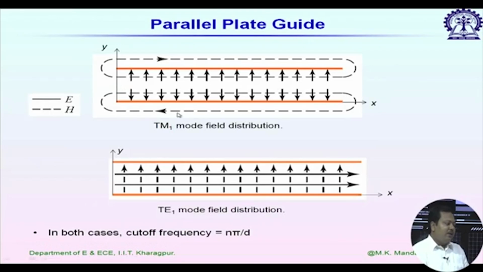So, we have three scenarios. This figure shows the electric and magnetic field plots for the TM1 mode and the TE1 mode. For the transverse magnetic mode, if you look at the electric fields, they have maximum value on these two metal planes, and the wave propagation, you remember, is in the Z direction.